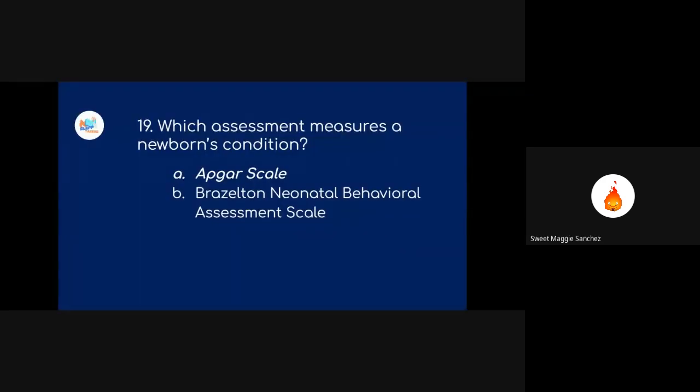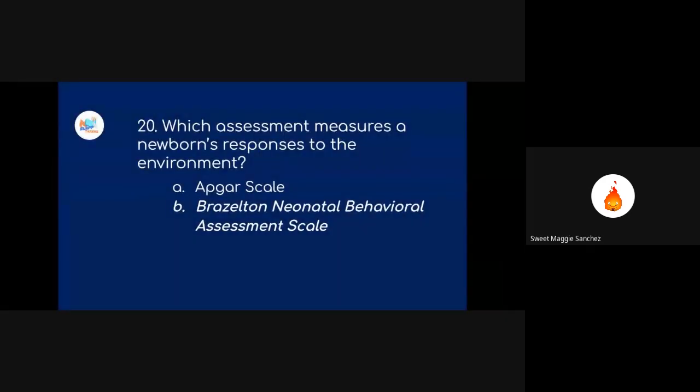Okay, question 19. Which assessment measures a newborn's condition? The correct one is the APGAR scale. The APGAR scale is in charge of the condition, whereas its partner, which assessment measures a newborn's responses to the environment, is the Brazelton Neonatal Behavioral Assessment Scale.